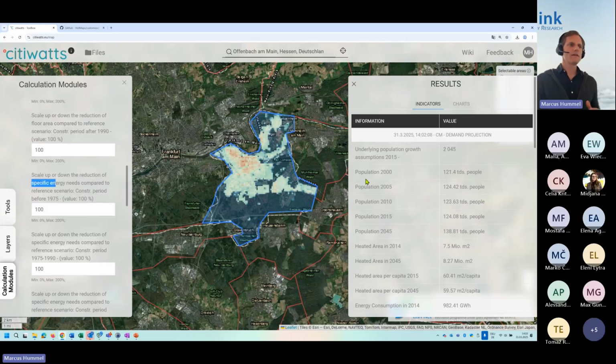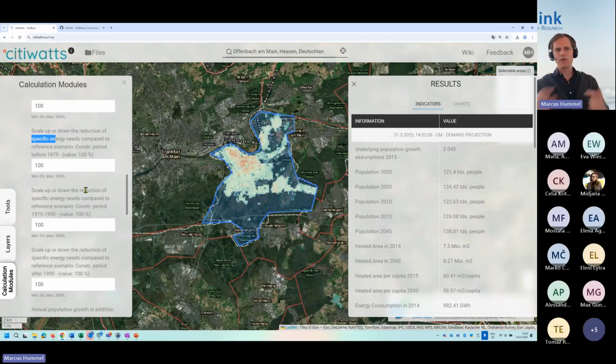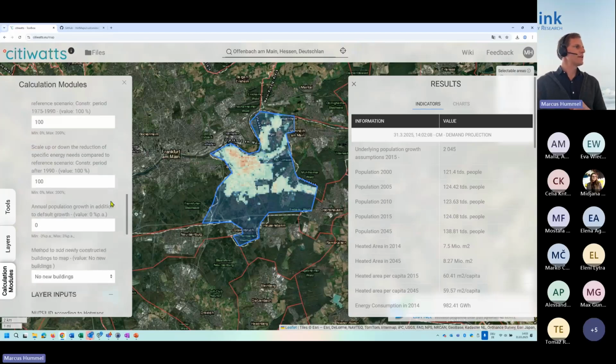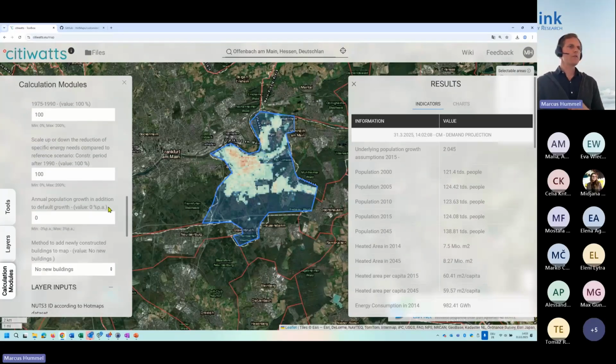So now we see the results of the calculation, and you can have a look at those results and now adapt, scale up and down some factors, like, for example, this area reduction or this specific energy need reduction. You can also change the population growth. So there is a population growth in the background, as you can see here, and you can change that according to your own figures.